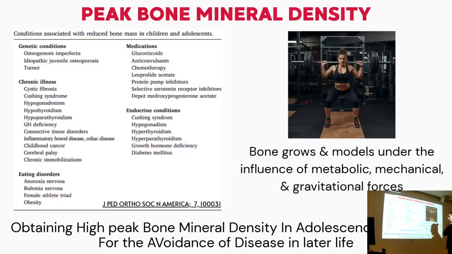Diseases of the thyroid in particular, because the thyroid gland is so important in calcium metabolism, that can also have an effect. Diseases of the bowel, so if we've got issues with the absorption of calcium in our body, that can potentially affect our ability to lay down bone mass.